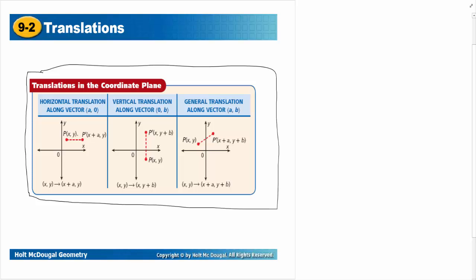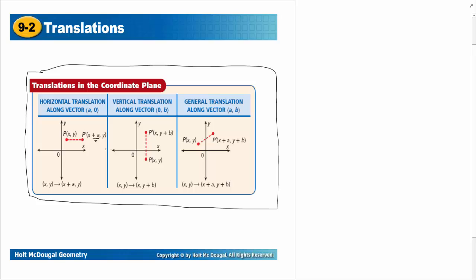If you're doing a horizontal distance, you're just adding that horizontal distance. Again, we're using A just like we do with the vectors. A is a horizontal distance. So we're using that in our notation here as well. If I'm going from P to P prime, a horizontal distance A, you're just adding A. So again, notice here, this is giving you that component vector form or format, but notice here if they're telling you that P is at X, Y, then this is a direction at that point.